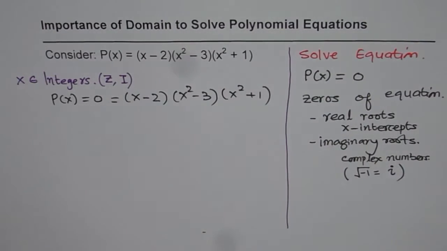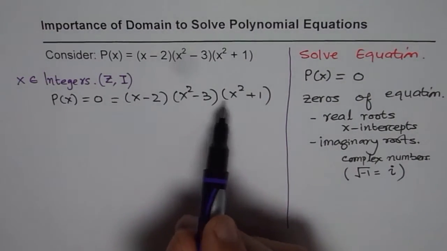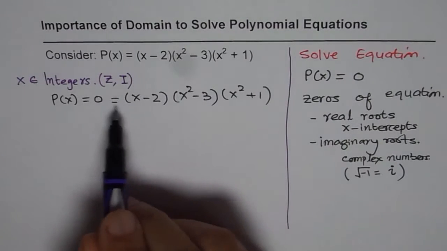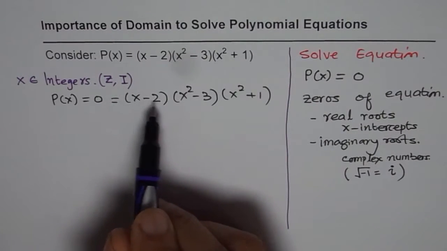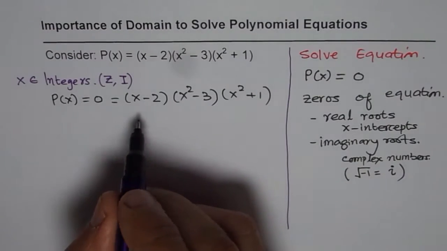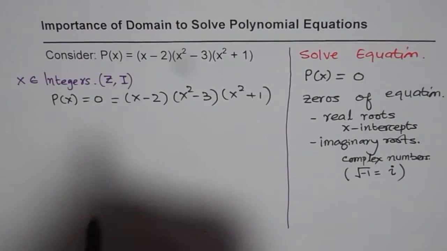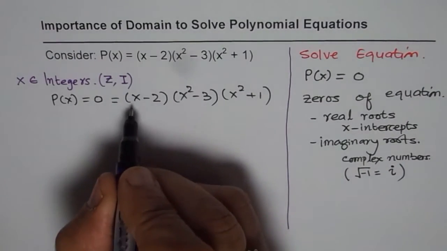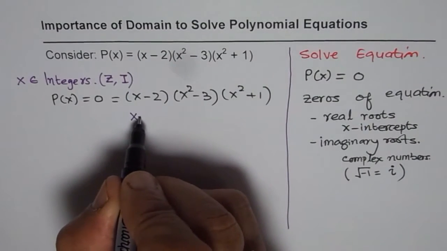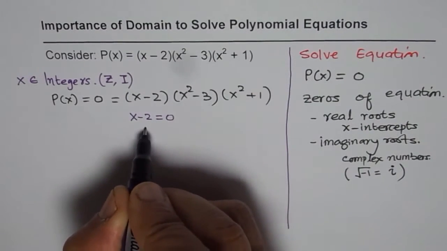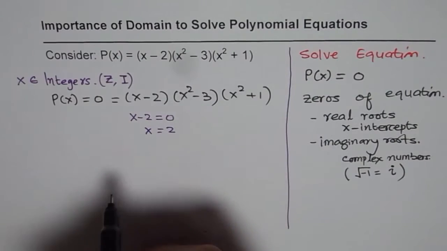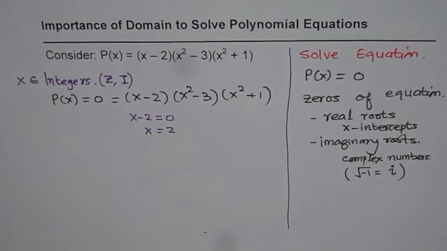Now, to find the solution, these are all the factors. If they are 0, then the product is 0, since 0 times anything is 0, correct? So we have to equate each factor to 0 to find the solution. So we'll equate the first one, which is x minus 2 equals 0. We get x equals 2, and that is an integer, so that becomes a solution.